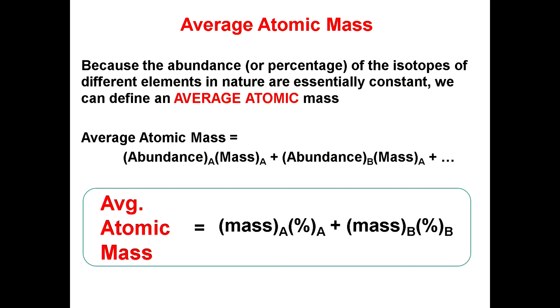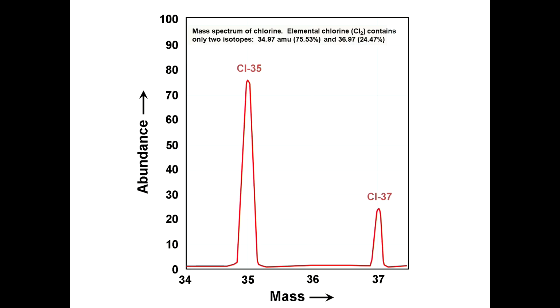Average atomic mass means the percent abundance times mass. If it only includes two isotopes, just mass A, percent A, plus mass B, percent B. Using this way, we can get the average atomic mass.